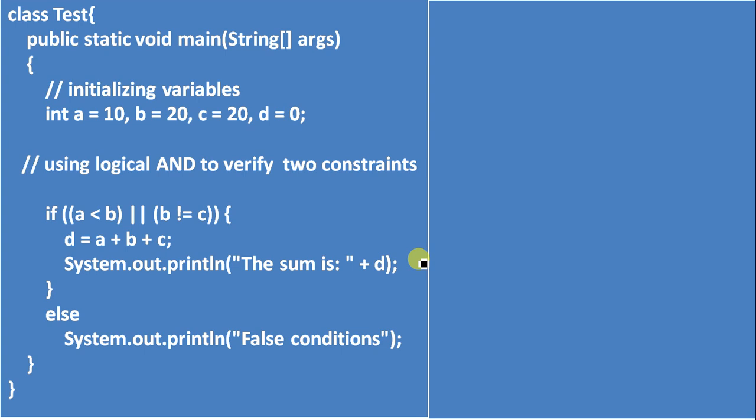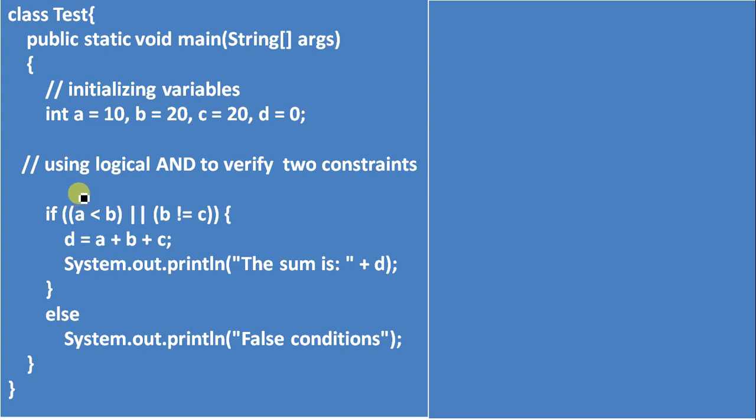Let's see an example. Here you can see we have initialized the four variables the same as in our previous example: a, b, c and d with the values 10, 20, 20 and 0. Now here we are applying the OR operator. The first condition is a less than b, which is true.